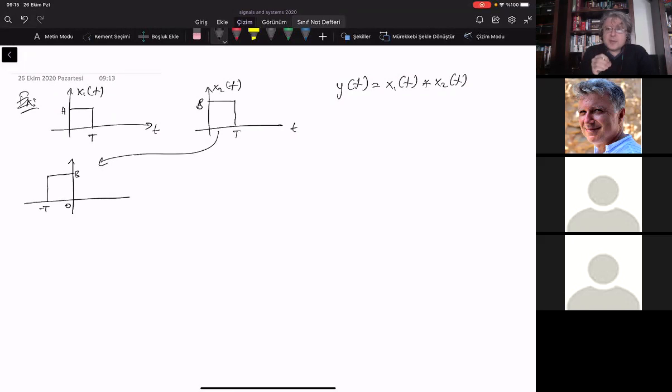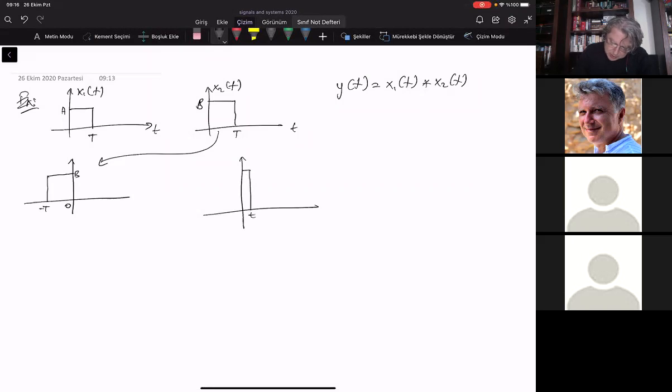As you start from here, they will start touching one another, and those touching portions will be multiplied. You have to obtain a multiplication of these. And the multiplication of two flat regions, as you move to the right-hand side, will again be rectangles. The rectangle height will be a times b, right? So the multiplications will be something like this.